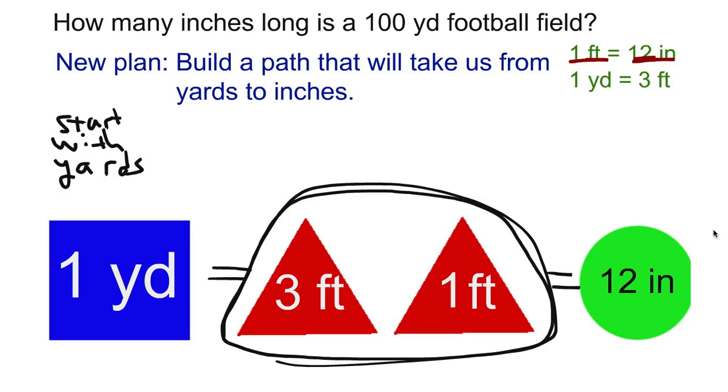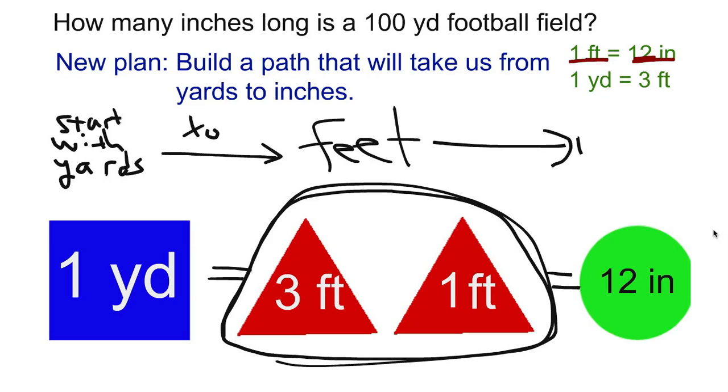And this is how our journey plays out. We start with yards, and then we go to feet, and finally we go to inches. So we started with yards, then we went to feet, then we went to inches.